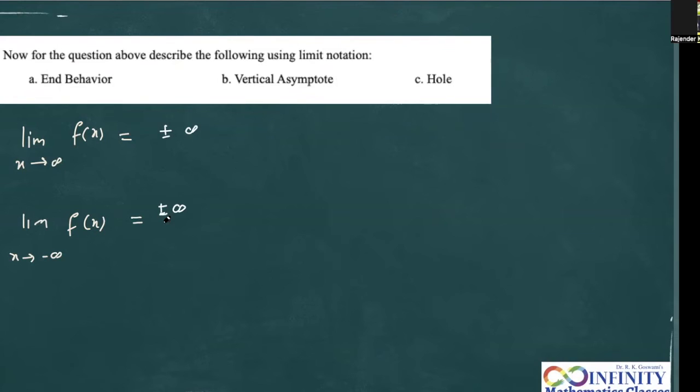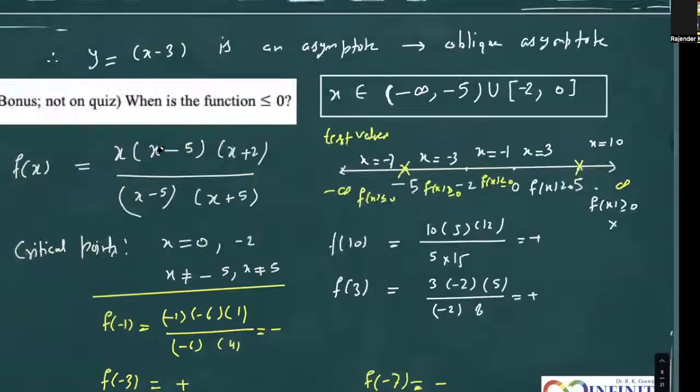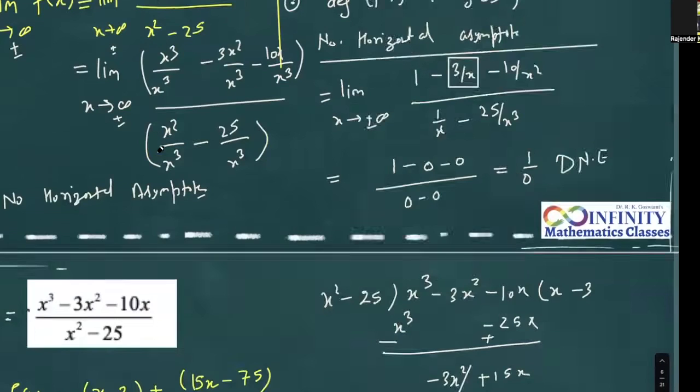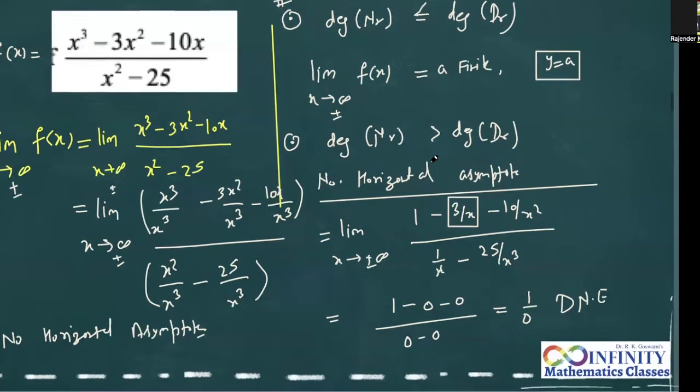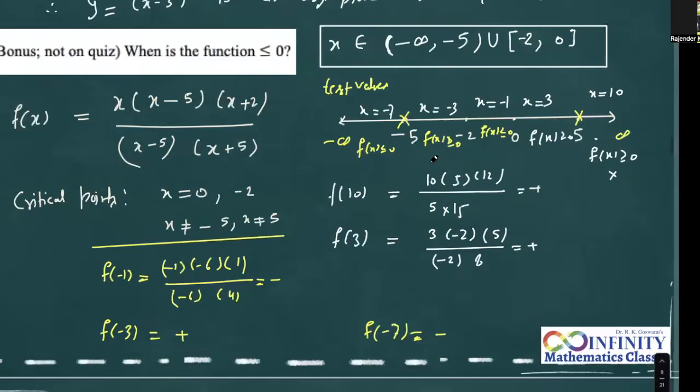Any doubt? So I have given you an idea how to take the limit. Are you sure? Let me just show you. Yes, I have taken the limits, and this is using the limits I told you. And other than that, by looking at the behavior, I told you when there will be a horizontal asymptote and when there will be no asymptote.